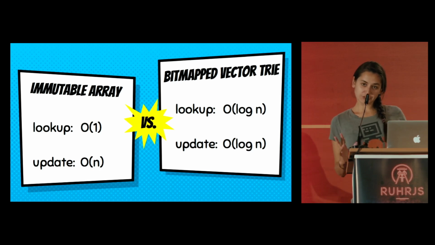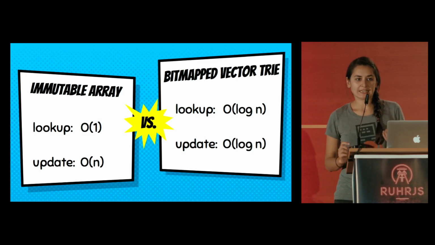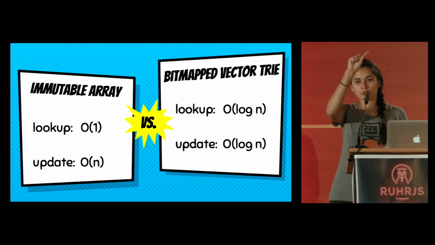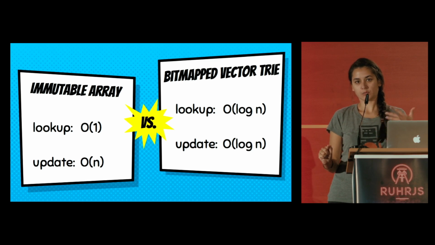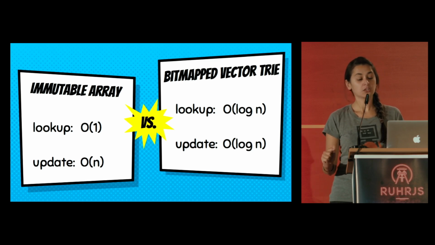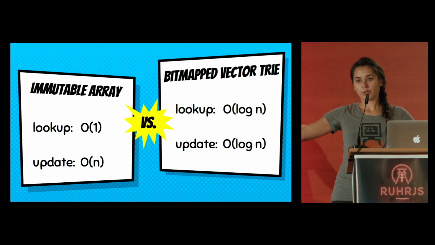However, with my cool persistent data structures, the bitmapped vector tries, both lookup and update involve going down the path from the root to the leaf that I am interested in. So both lookup and update end up being logarithmic in the length of the vector.